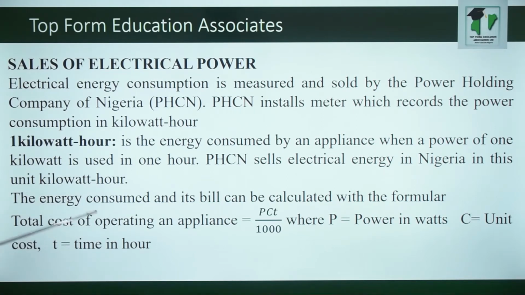The energy consumed and its bill can be calculated with the formula: total cost of operating an appliance equals PCT over 1000, where P is power in watts, C represents the unit cost of the energy you consumed, and T represents the time in hours, not in seconds.